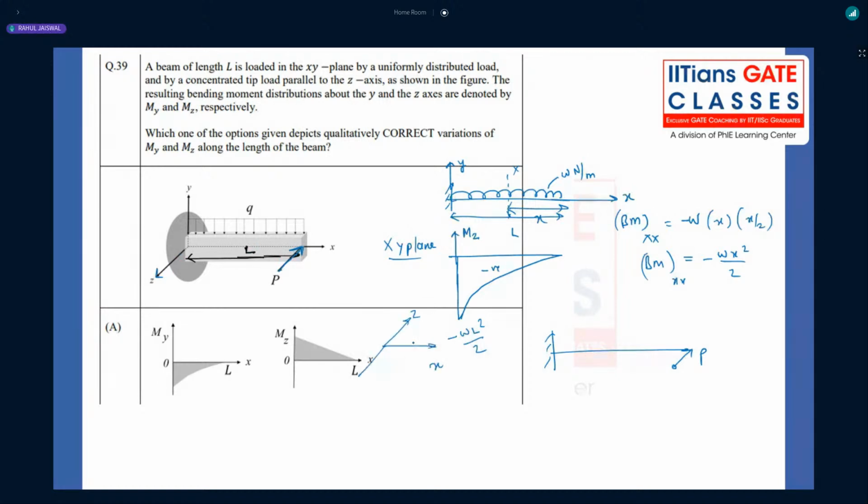In the XZ plane only the bending is happening, about the Y axis. So whatever the bending moment about the Y axis is, if you take any section XX, what will you be getting? That is a sagging bending moment, just like a vertical tip load, right? Sagging bending moment you will be getting, and at the fixed end that is going to be P into L.